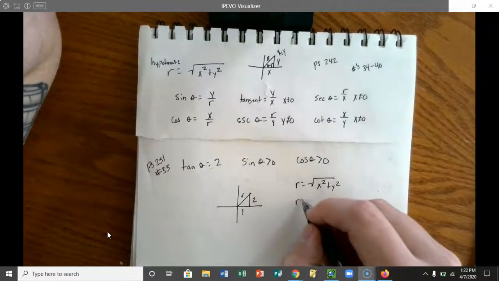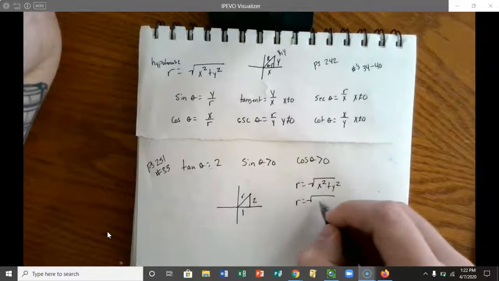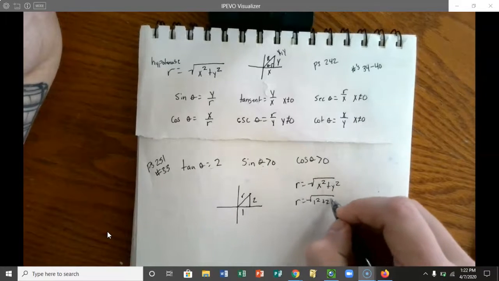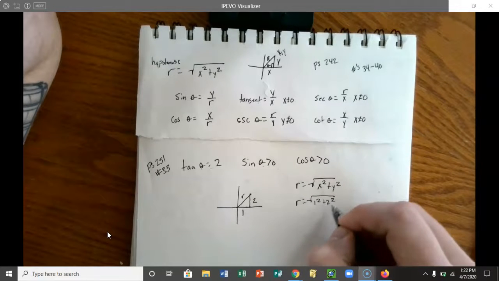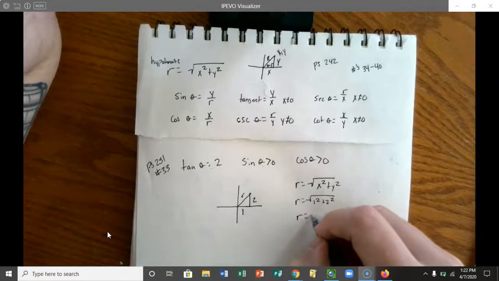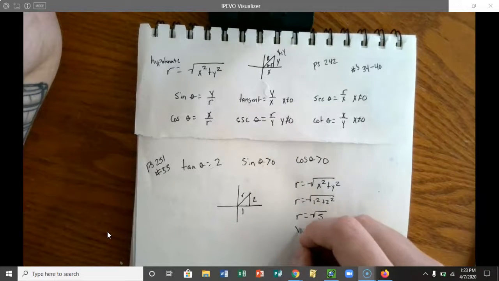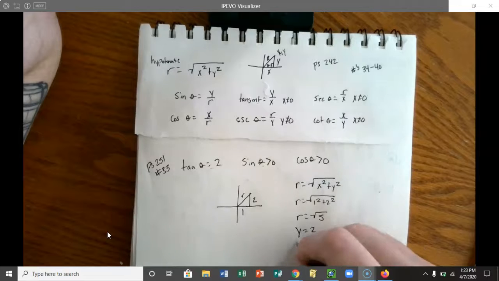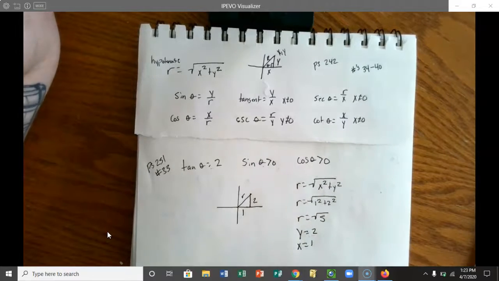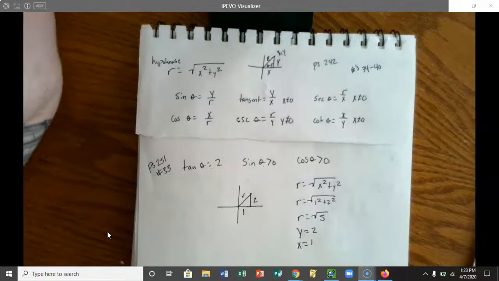So r is equal to the square root of 1 squared plus 2 squared. 1 squared is 1, 2 squared is 4. So r is equal to the square root of 5. We fill in that y is equal to 2, x is equal to 1. This turns itself into a pretty easy problem.